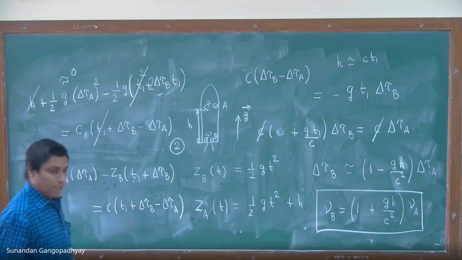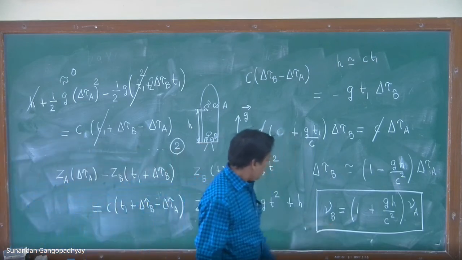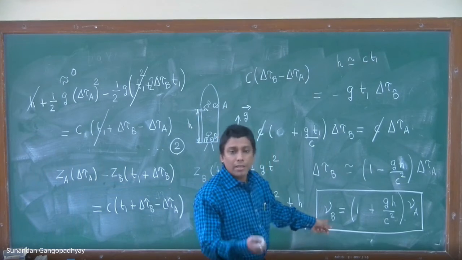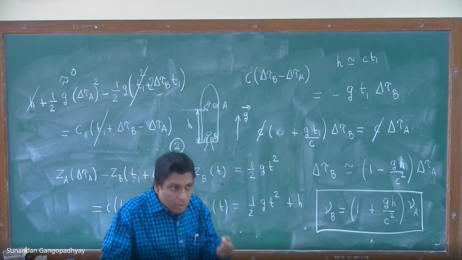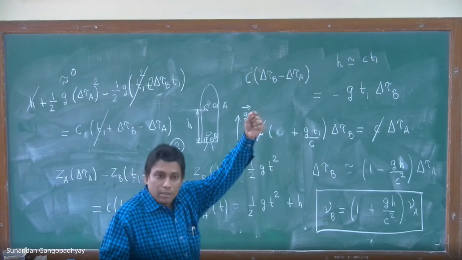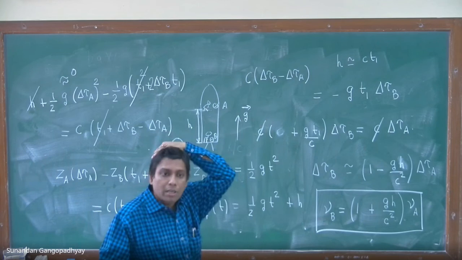So what does this result tell you? This result tells us that this Bob, who is sitting at a lower gravitational potential, here is the physics, listen very carefully, will see the clock of the person who is sitting at a higher gravitational potential run fast.